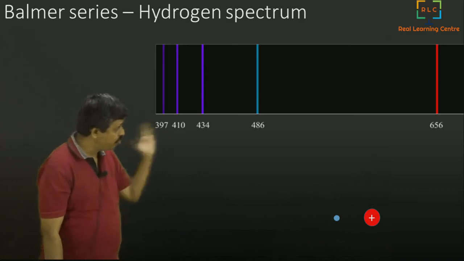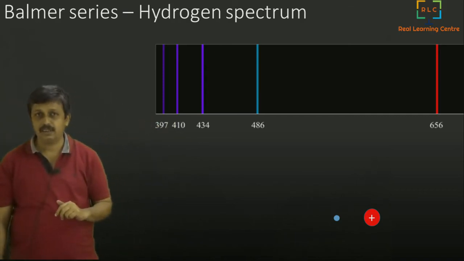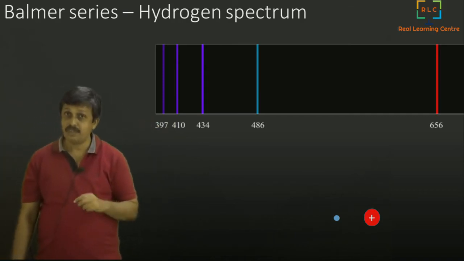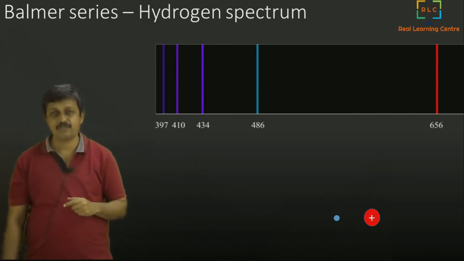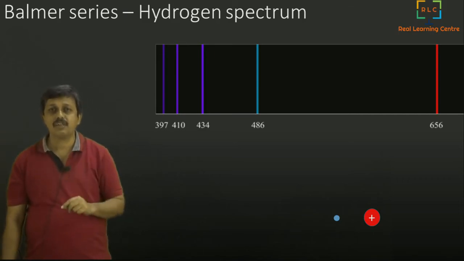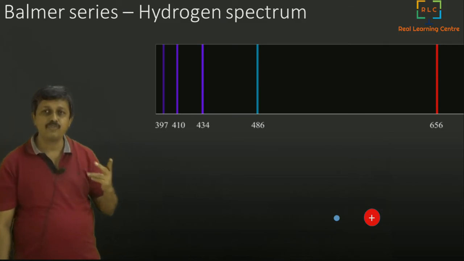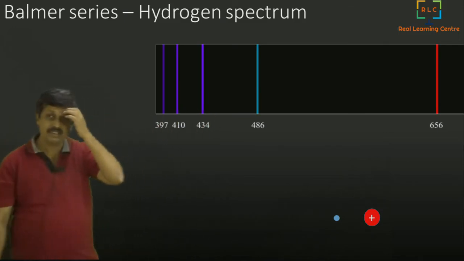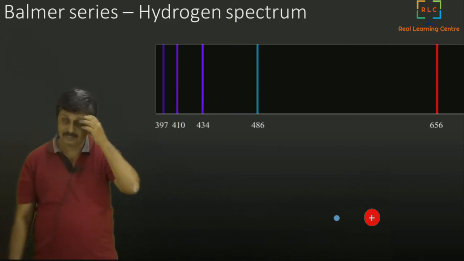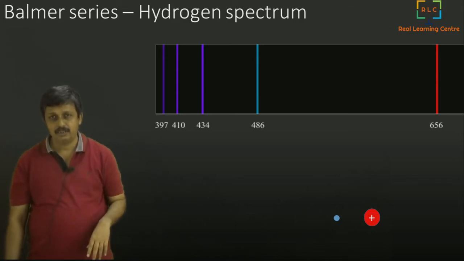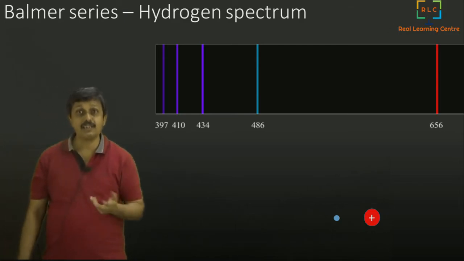He found a formula for these lines, and I'm not going to put forward that formula. It is the Balmer series formula, a very interesting formula. Given the values of some n, 1, 2, 3, 4, you can predict where these lines are, the wavelengths in nanometers. He came up with this formula without knowing anything about how these lines actually come about.